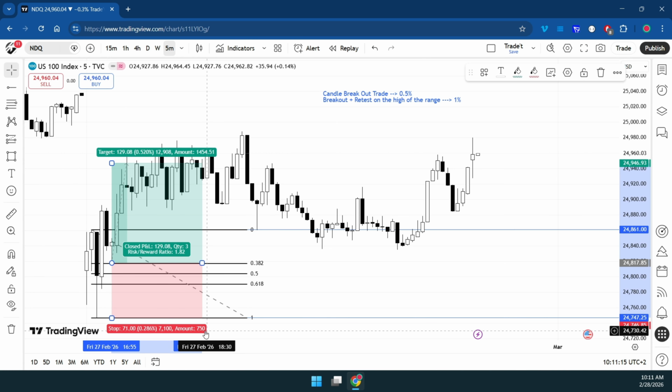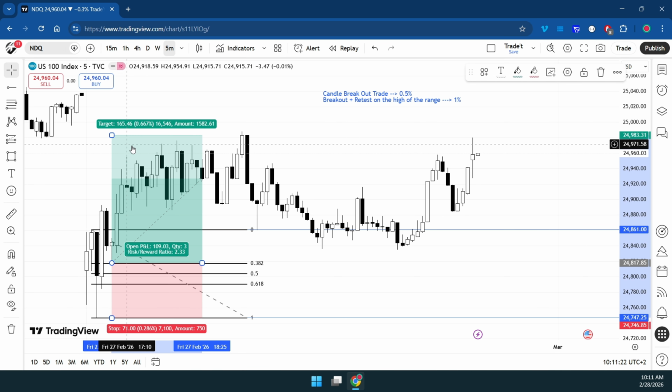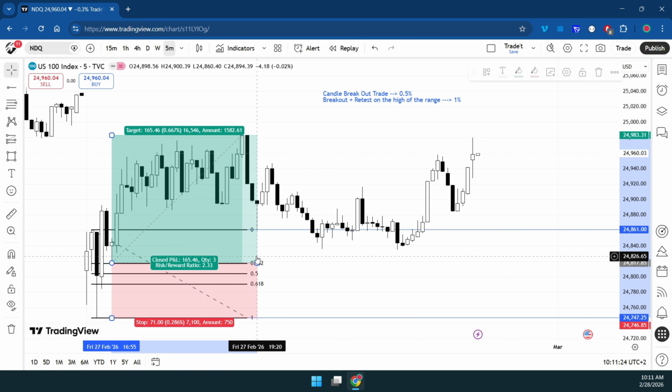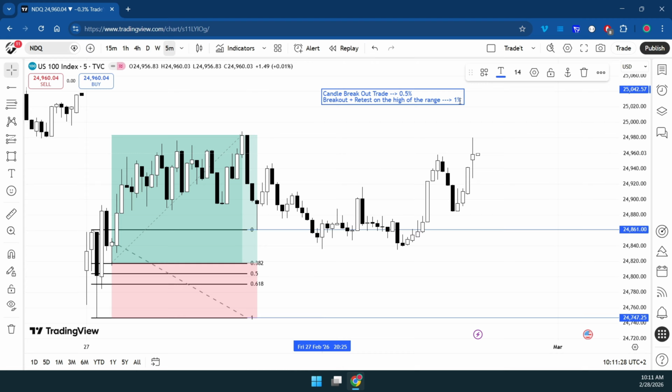For example, if I take the same stop loss, the low of the range, and I check how much R I can get from this trade, basically I can get up to 2.3 R. So it's simple: by just using the breakout and retest to lower levels, this is giving me 2.3% when I'm testing the 38% range level.